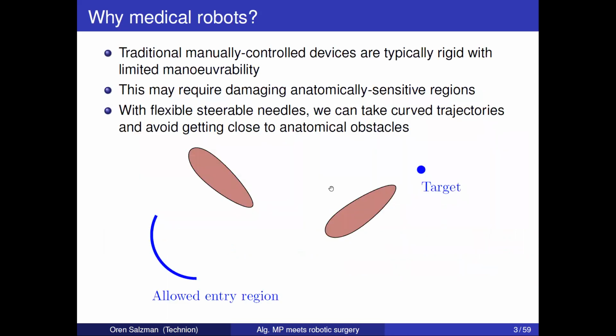Before we can describe them, we first need to ask, why do we need these medical robots? To answer that, we need to understand how traditionally these applications that I mentioned were done. If we want to reach a target, the old school or standard way was using rigid devices with very limited maneuverability.